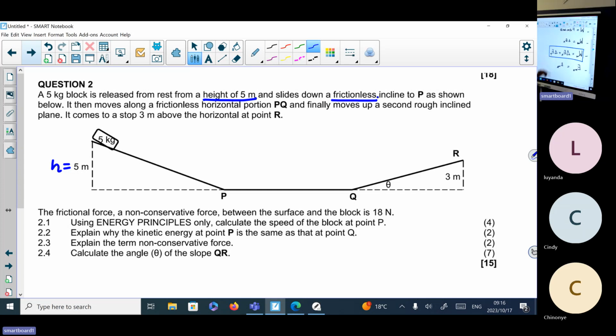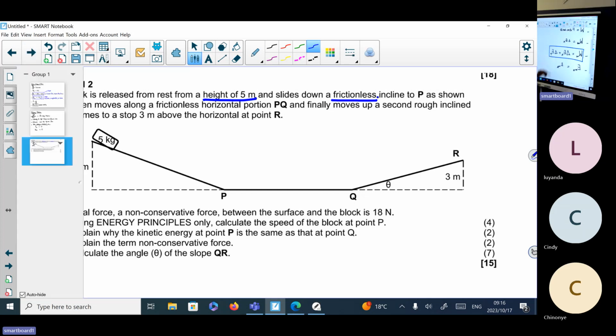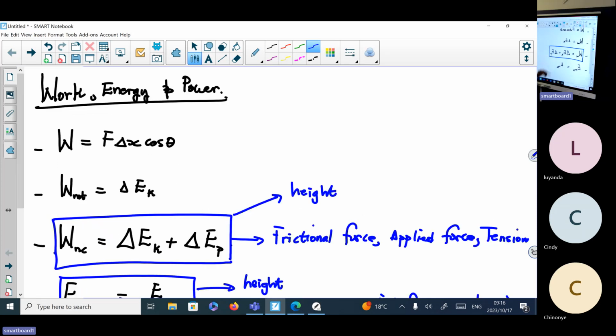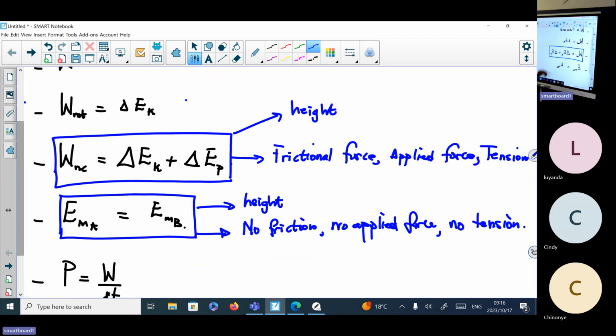When something is sliding, it means that there is no applied force. It is sliding freely. Nothing is pushing it, nothing is pulling it. So we do not have the frictional force, we do not have the applied force, we do not have the tension force, but we do have a height. So it looks like this is a condition that is satisfied. We have the height, there is no friction, no applied force, no tension.